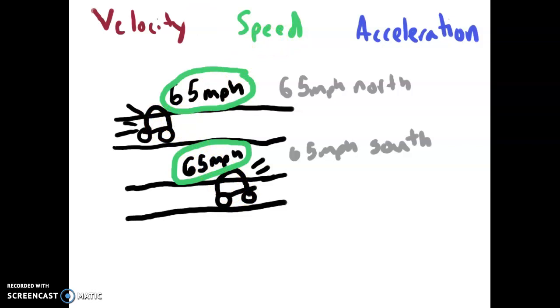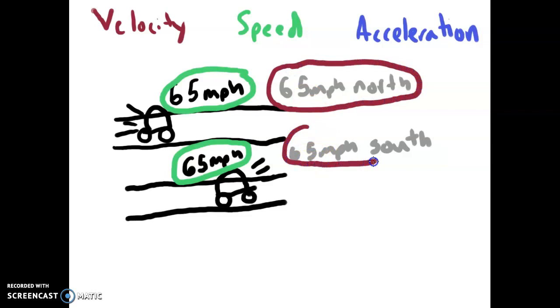Velocity, on the other hand, was, and I'll circle it here, when we included direction, right? All right, that clever student who said there's no way they could be going the same speed. Well, in fact, they are going the same speed, but they're going a different velocity, right? This car is going 65 miles per hour north, and this car is going 65 miles per hour south. Right, so there we have it, the difference between speed and velocity.